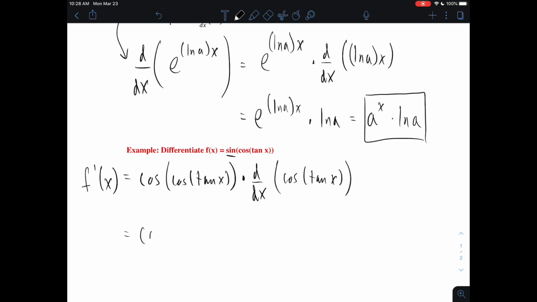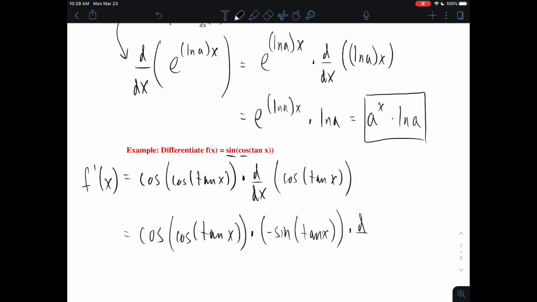So now I move inside the next level. And now the derivative of what's outside now is the derivative of cosine, which is negative sine, evaluated at what was inside the cosine function to begin with. And then I have to take the derivative of the function that was next inside, in this case tangent x.